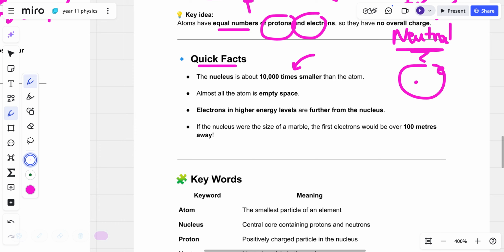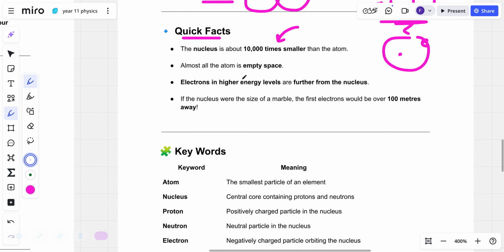If an atom was the size of Old Trafford Football Stadium, then the nucleus would be a pea in the center of the pitch. Because of that, an atom is almost empty space. It's mostly empty space.